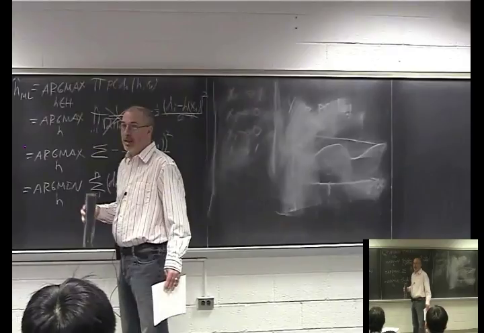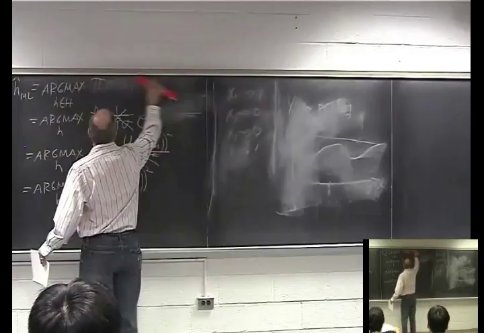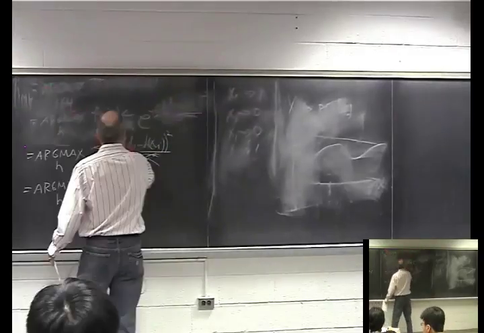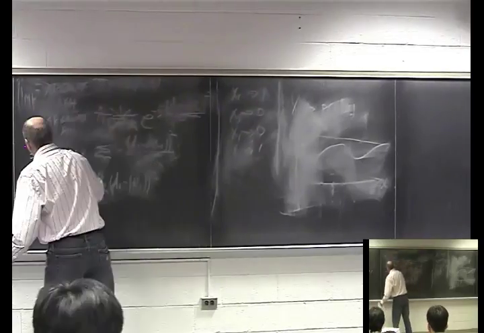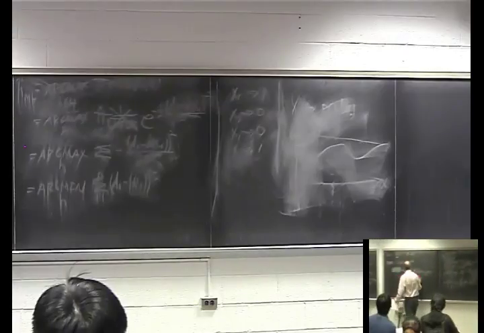But most likely the maximum. That's the MAP. Let's do it for now, and then we'll go and become even more Bayesian and refuse to do that. But for now, let's concentrate on MAP.